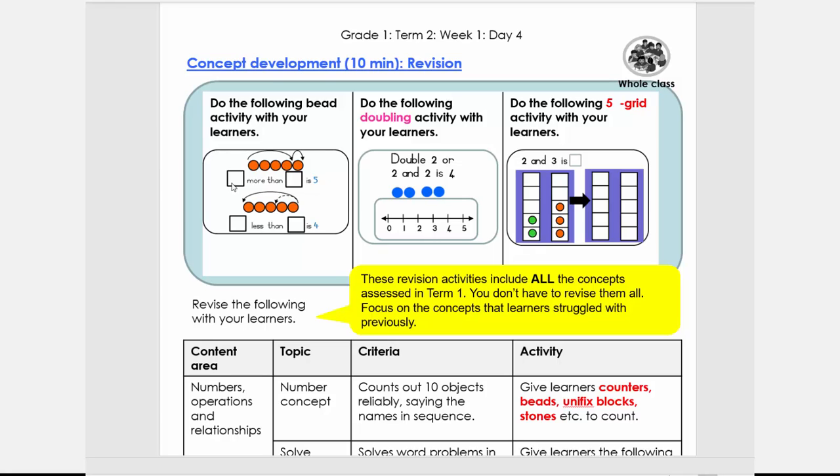Now you're going to say 1 more than 4 is, and we can count it, 5. And then this one, we're going to say 1 less than 5 is 4.